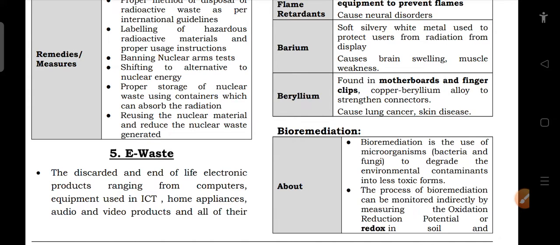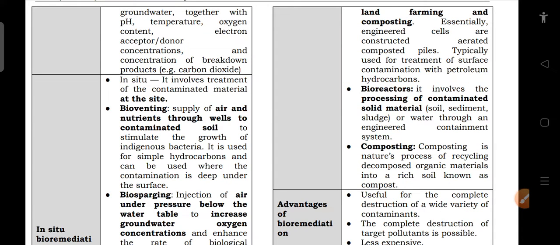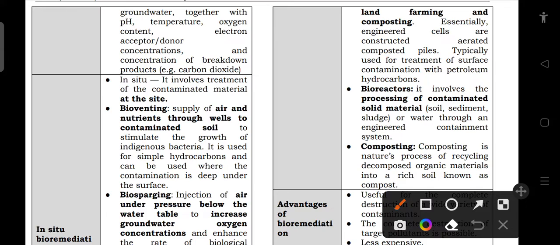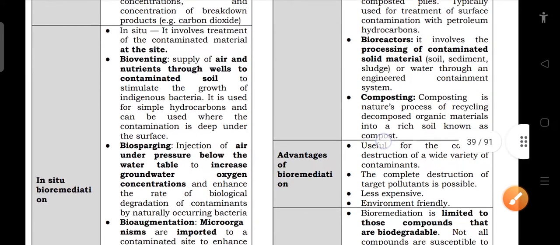So it can be monitored indirectly by measuring oxidation reduction potential or redox in soil, and also in groundwater, and together with pH, temperature, oxygen, then concentration of breakdown product like carbon dioxide, all these things are taken into account for bioremediation.